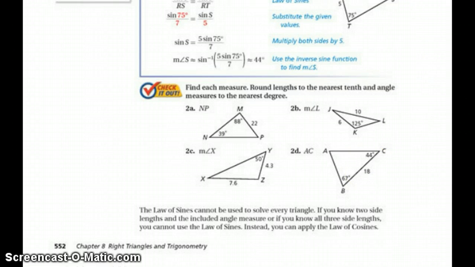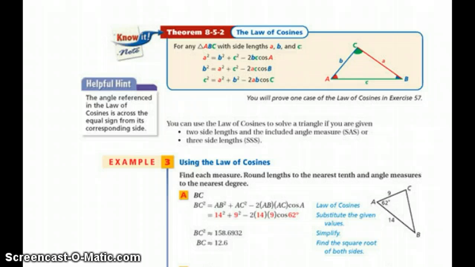However, there are some cases where you cannot solve every triangle with the law of sines, and so we have something called the law of cosines. Here we have triangle ABC, and we have the lengths, the sides A, B, C. You can see here these three equations actually would make up the law of cosines. And it almost looks like a Pythagorean theorem here.